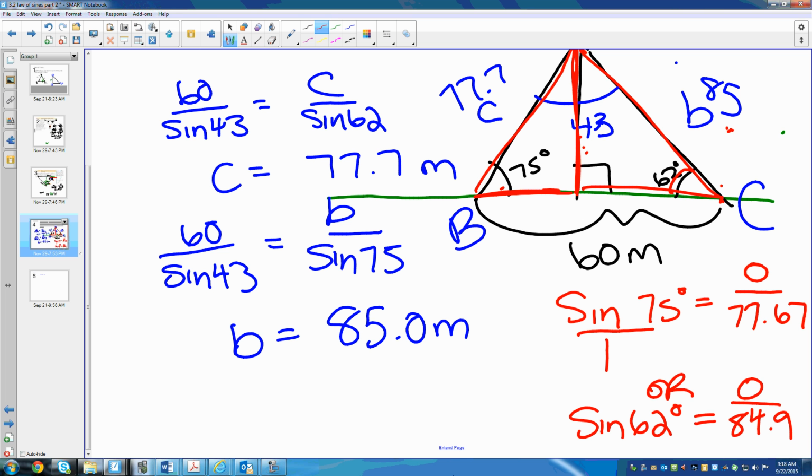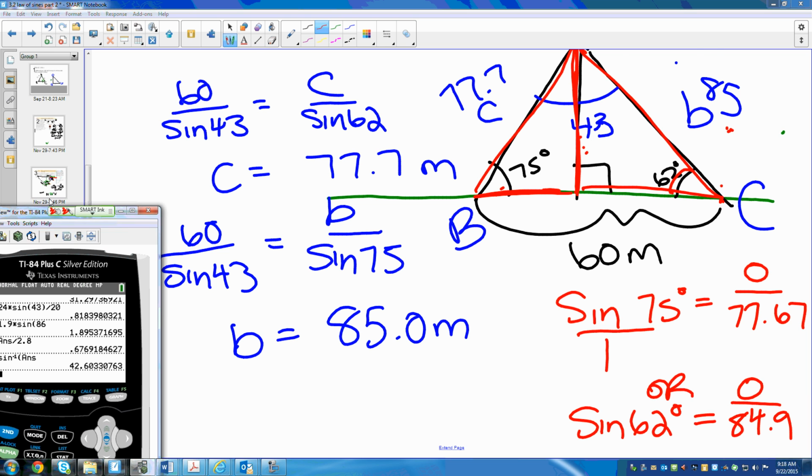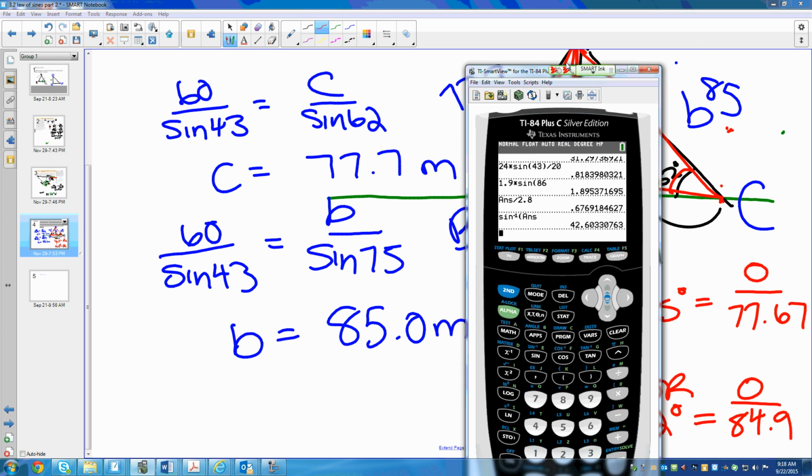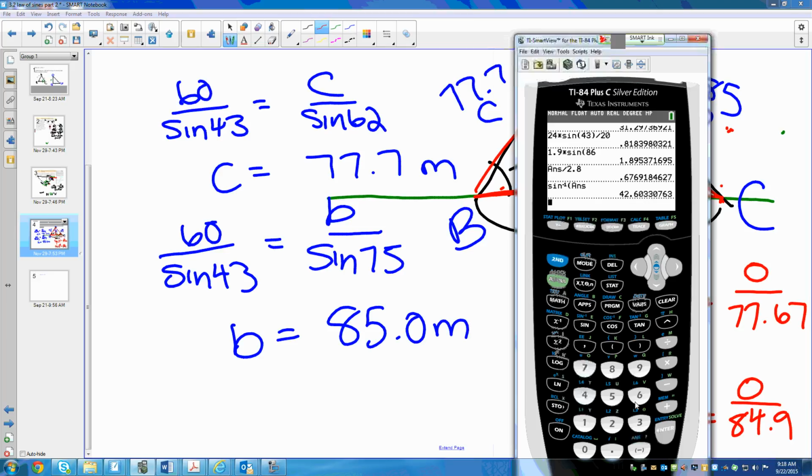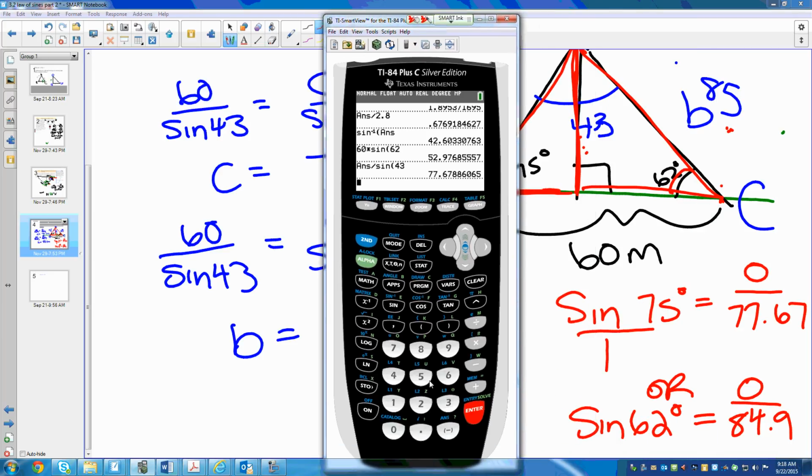Let's just run through this quickly. 60 times the sine of 62, enter, divided by the sine of 43, gives us that 77.67. So if I multiply it by the sine of 75, it gives me 75.03. Okay?